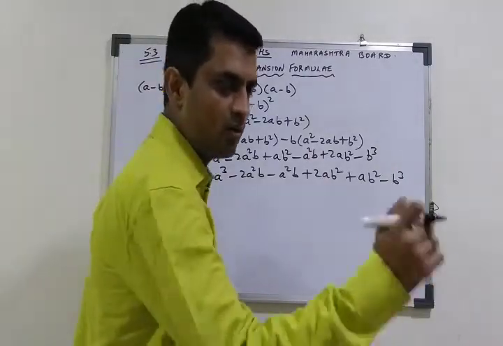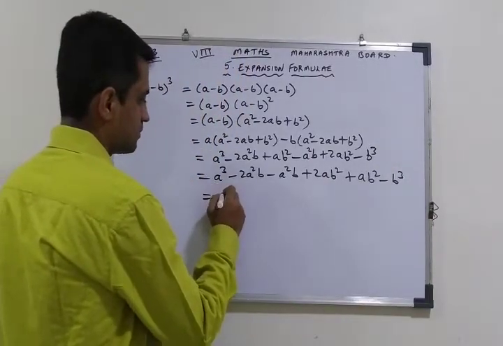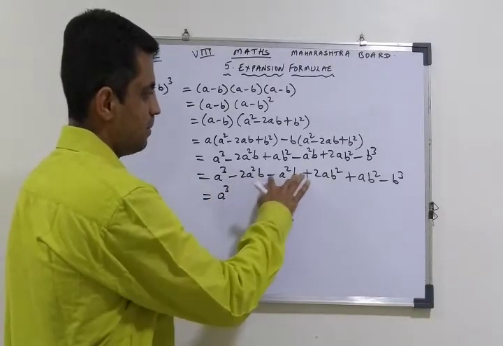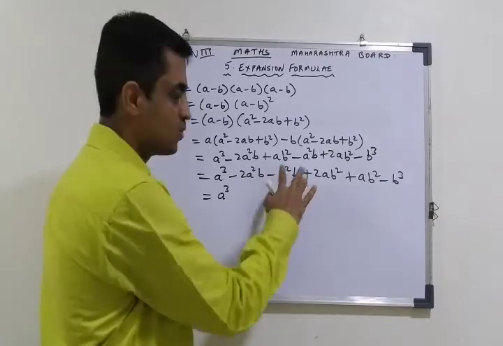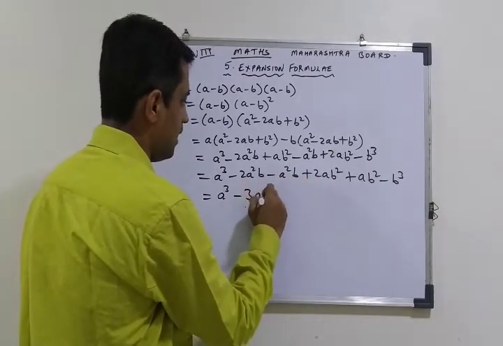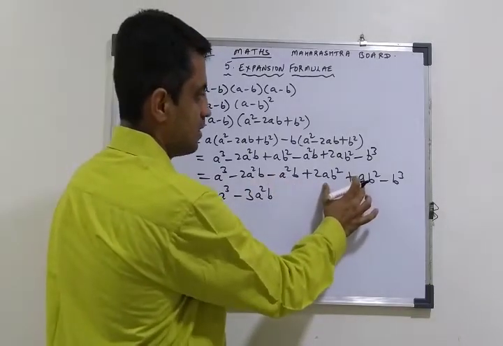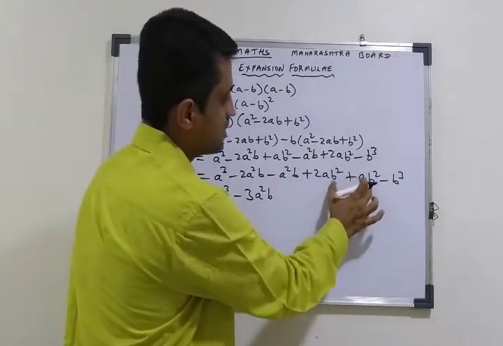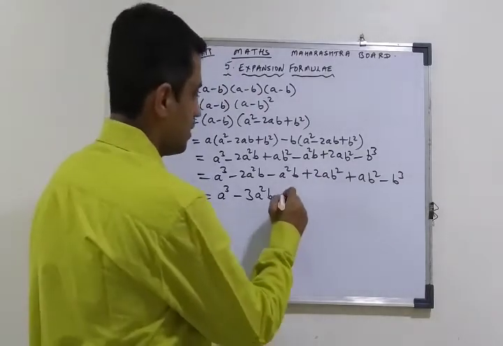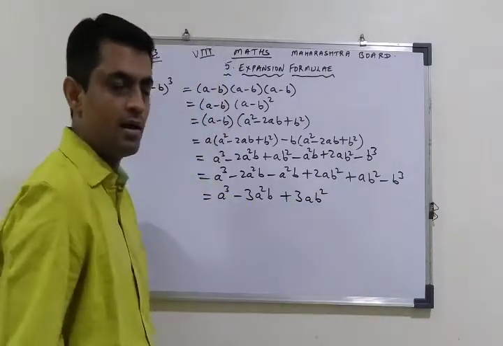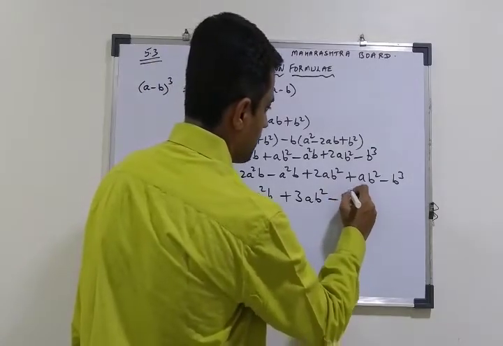Yes, fine. Now let us solve this further. A cube. Now minus 2a square b minus a square b is what? Minus 3a square b. Correct? After this, 2ab square plus ab square is how much? Plus 3ab square. Clear? Minus b cube.